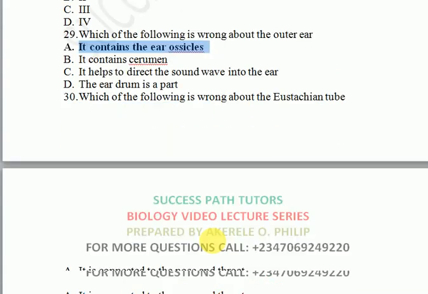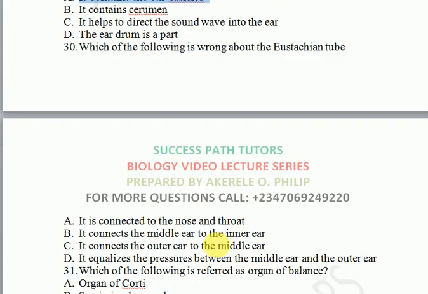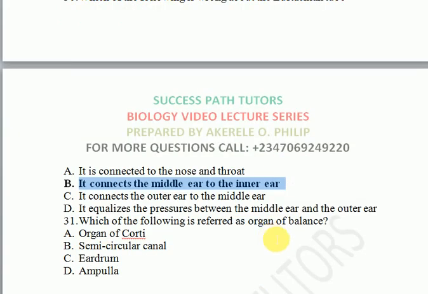I think this is a repeated question that you should pause the video and see if you can answer it. It connects the middle ear to the inner ear. That is wrong. I hope you're able to get the right answer. Which of the following is referred to as organ of balance? I believe you have taken note of that, which is your semicircular canal. That's repeated questions.